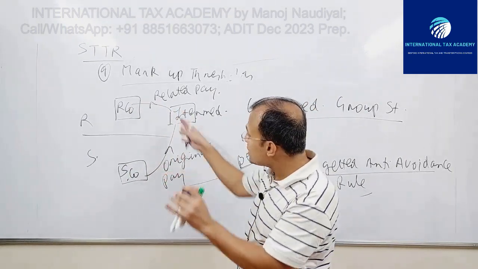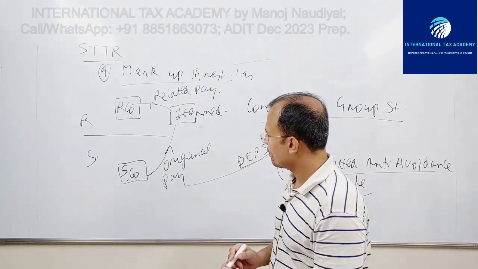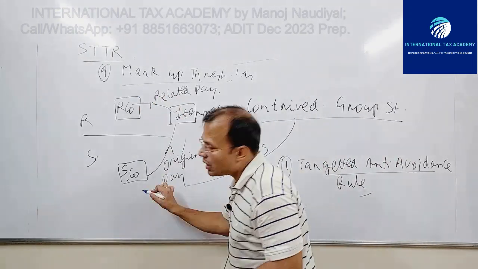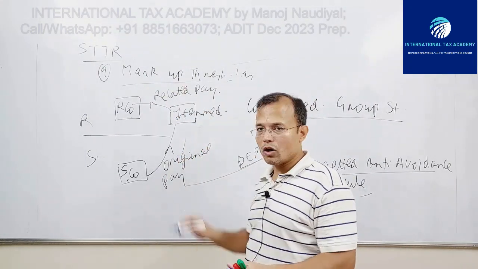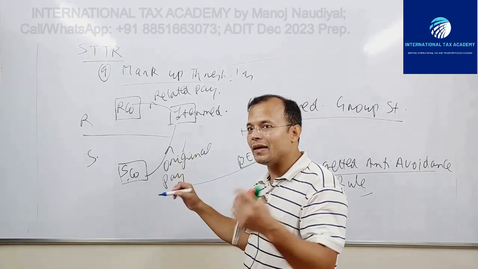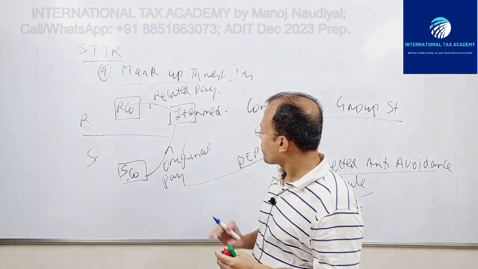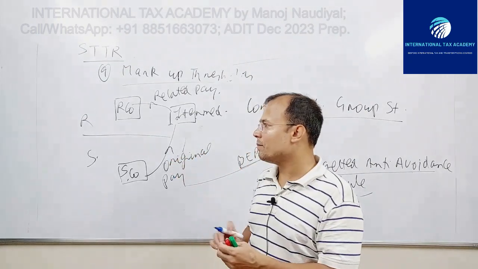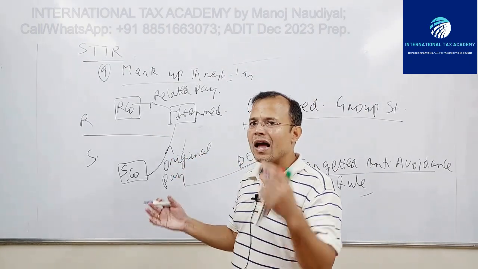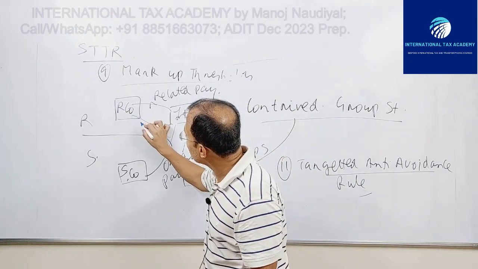So in this situation, if certain conditions are satisfied, then this roundabout can be disregarded, and this original payment can be thought of as being made not to this intermediary but directly to ARCO.